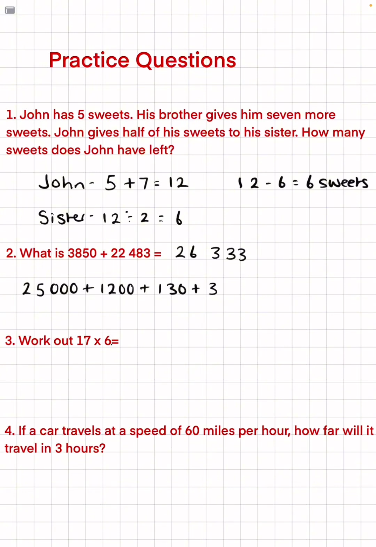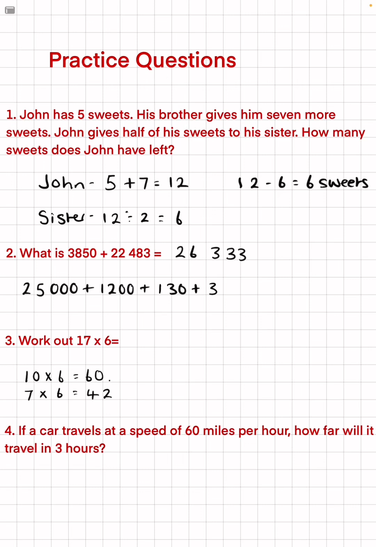Question 3 says work out 17 multiplied by 6. We can do 10 times 6, which equals 60. 7 times 6, which equals 42.